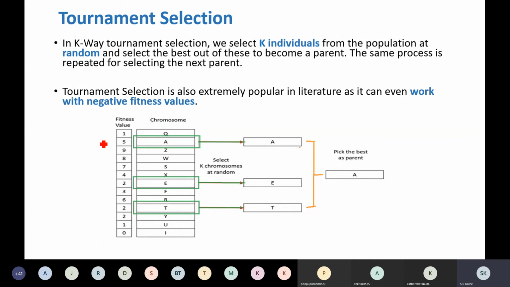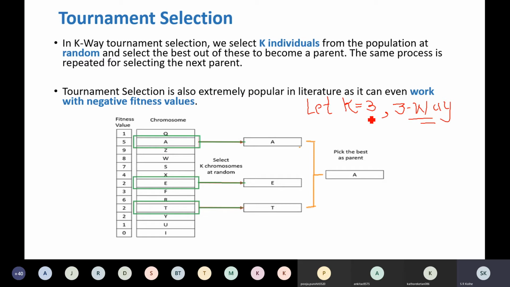Now what does K-way tournament selection do? One way of implementing this, for example, is three-way tournament selection. Let K be equal to 3. So we are going to select 3 solutions in one shot.